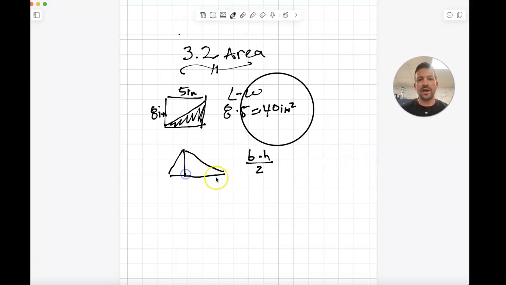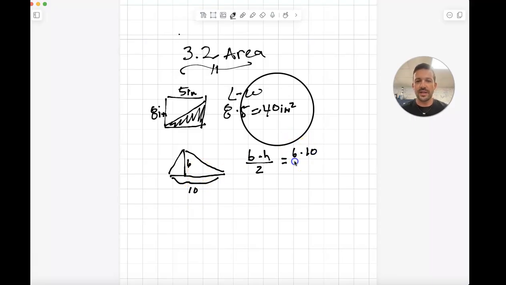So they're going to give you that height, I'm sure. Let's say the height is 6, and let's say the base of this thing is 10. Then what you would do, and it doesn't matter what order you multiply, because multiplying can be done in any order, like 6 times 10 is the same as 10 times 6.